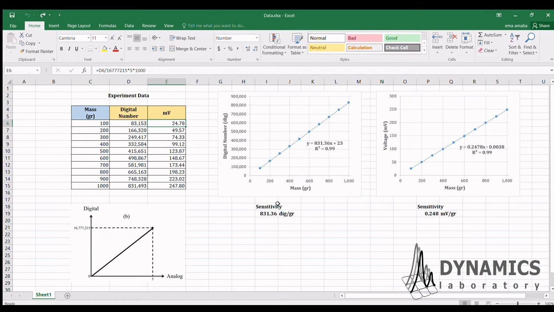We can define the sensitivity value in terms of digital data or in terms of millivolt. In this experiment, I write both of them. Thus, the sensitivity of the system will be 831.36 digital number per gram or 0.248 millivolt per gram. This whole process is named static calibration.